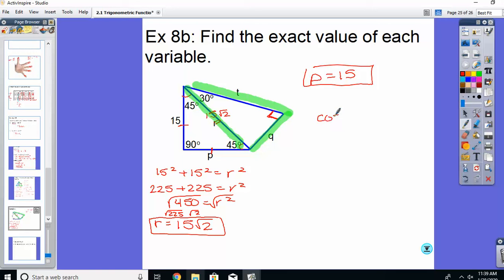So I could say the cosine of 30 degrees equals T over 15 radical 2. Cosine of 30 would be radical 3 over 2. So you multiply by your denominator. You get 15, 2 times 3 would be radical 6 over 2.